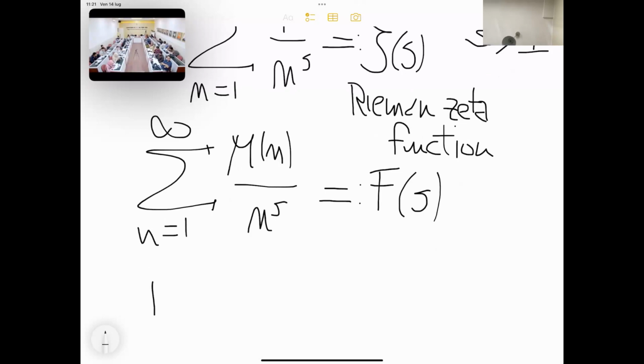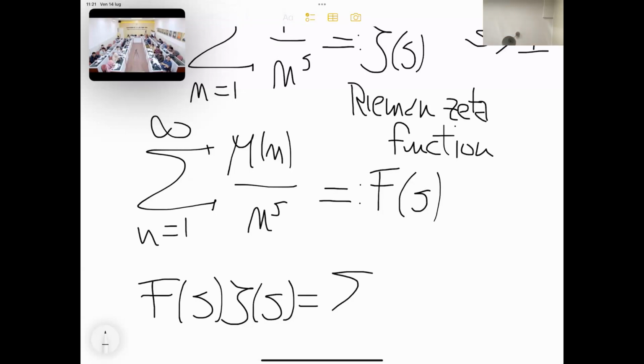Then I want to take f of s, and I want to multiply by zeta of s. This is what I want to do. And what is the result of this multiplication?